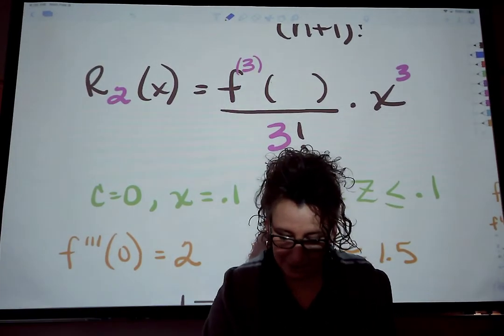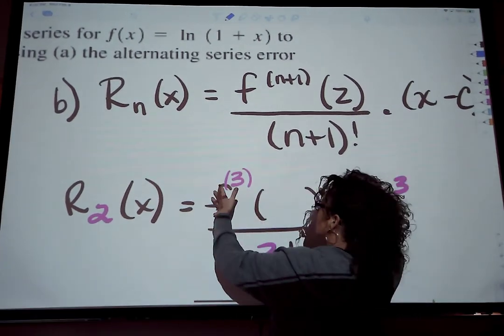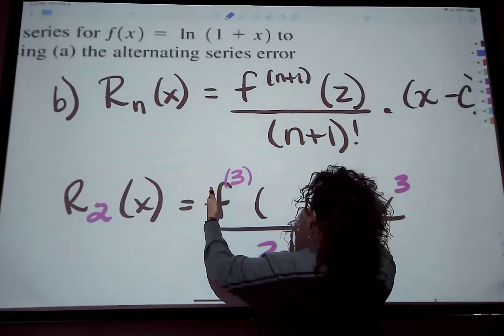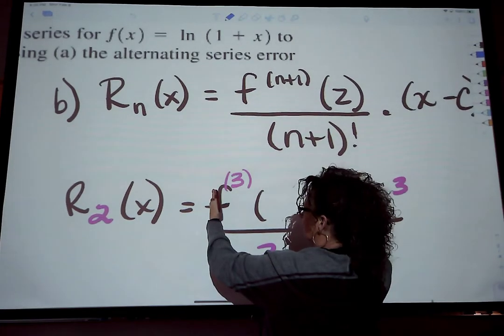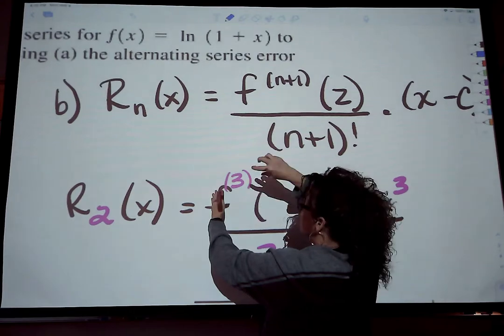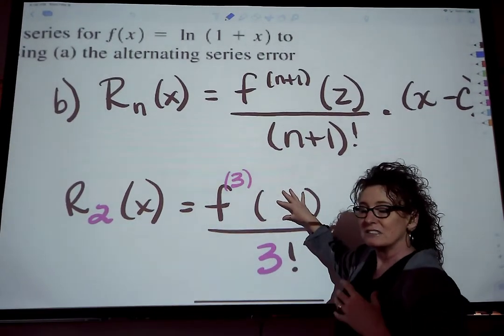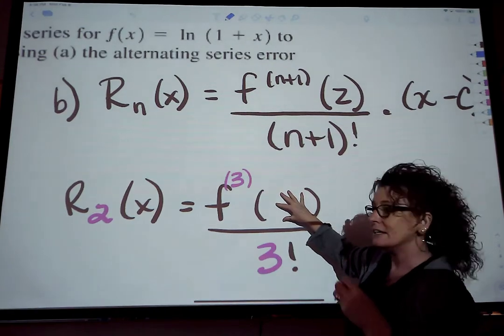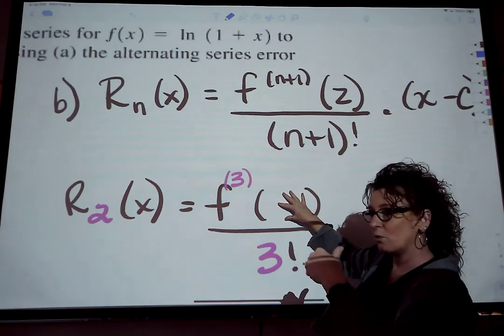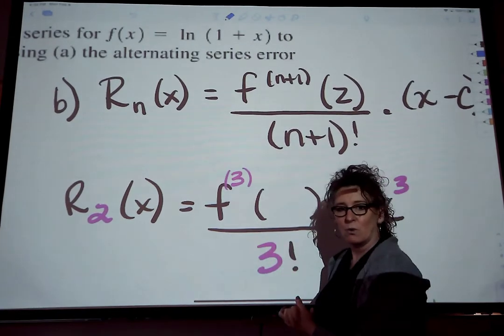So what I need: can I get the largest value of the derivative? The third derivative. What's the largest value the third derivative could be if c is 0, x is 0.1, which means z is somewhere between 0 and 0.1.